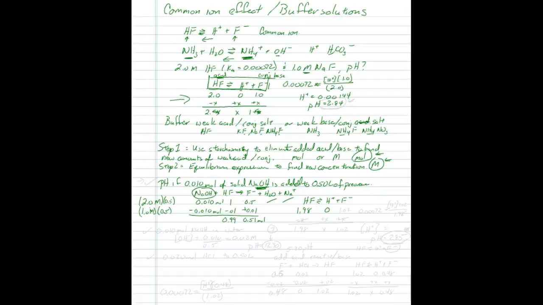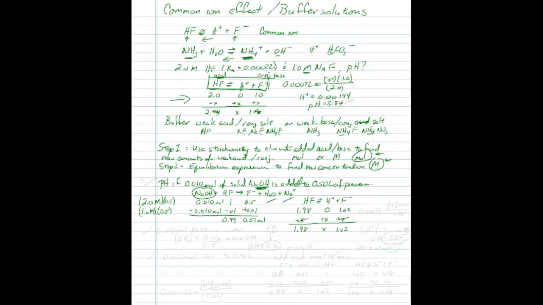This divided by 0.5 is 1.02. Add x, subtract x because it's a 1-to-1-to-1 ratio. This turns out to be 1.98 minus x, and 1.02, ignoring the plus x and the minus x.